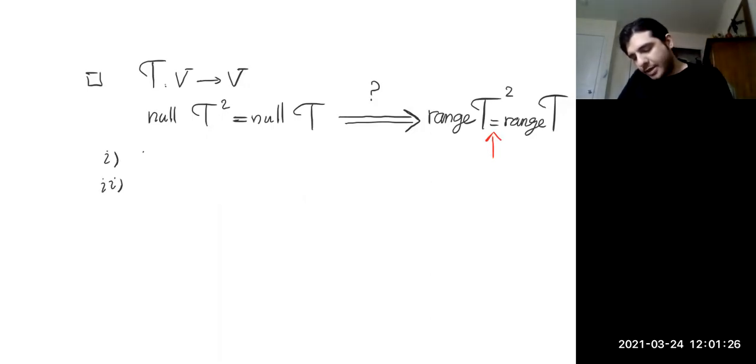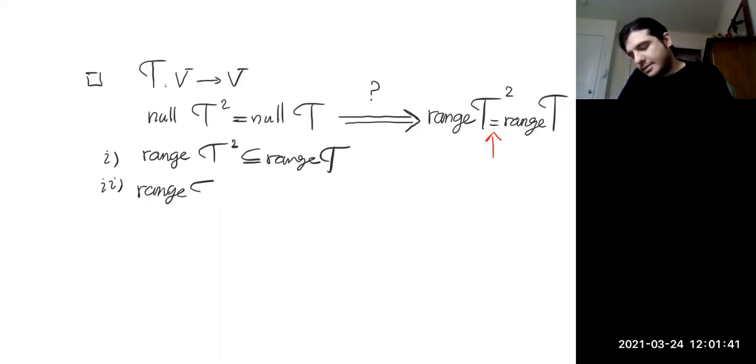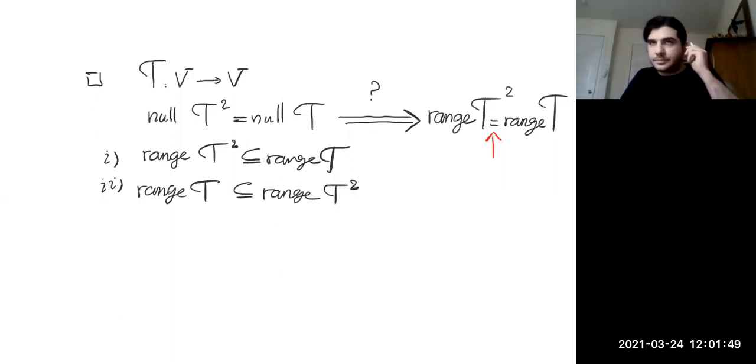One is that range of T squared is a subset of range of T. The second one is the opposite case, that the range of T is a subset of range of T squared. One of them is fairly simple and kind of trivial, and that's number one. Any element in the range of T squared is an element of range of T.